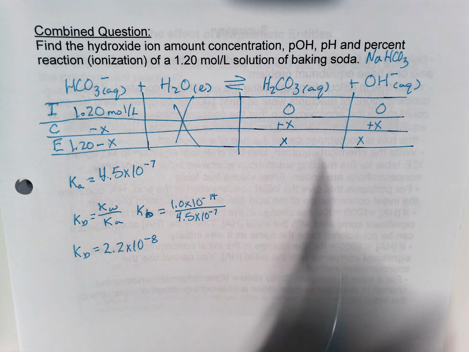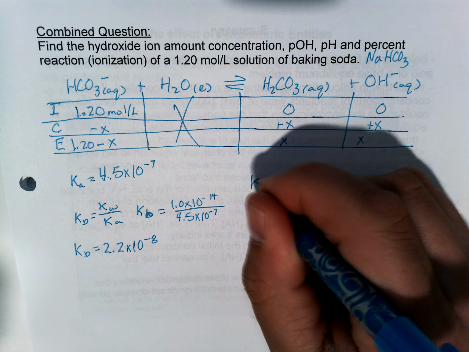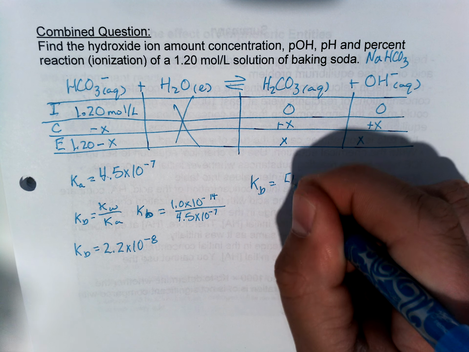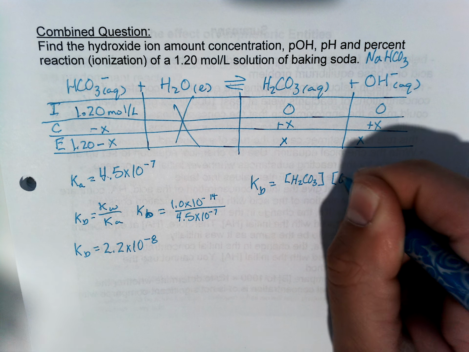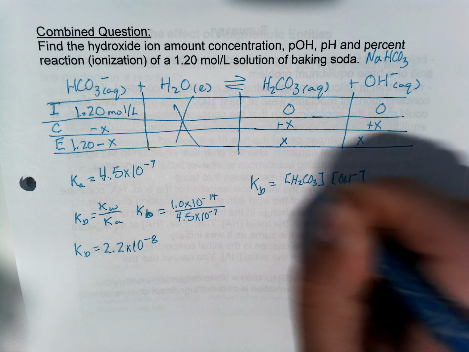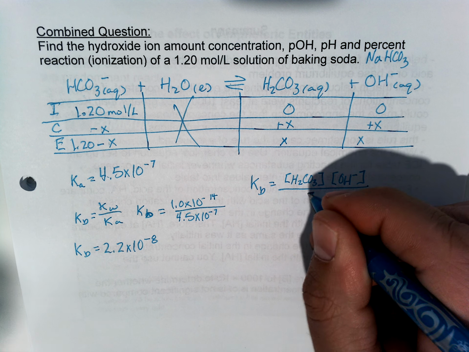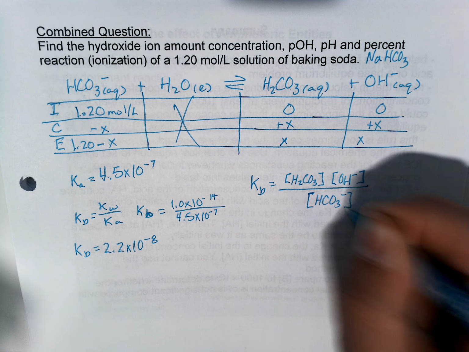So that's the Kb for this equation here. Okay, our Kb equation, for this, we have our carbonic acid times the concentration of hydroxide divided by the concentration of our initial base.